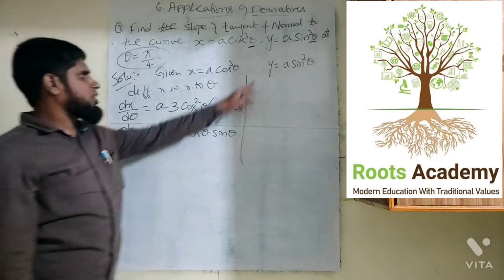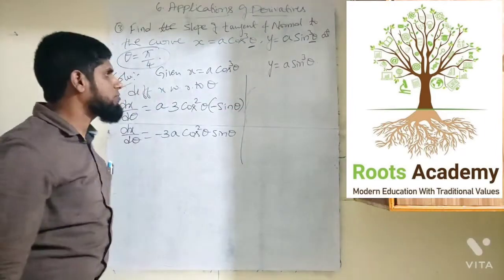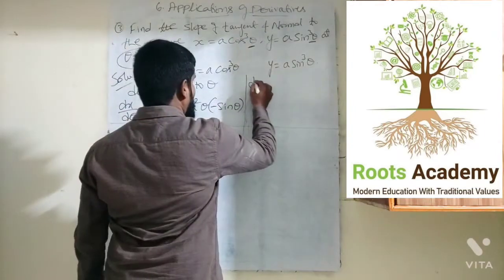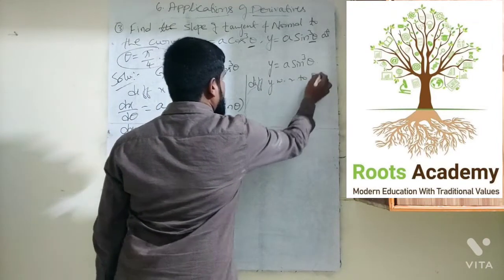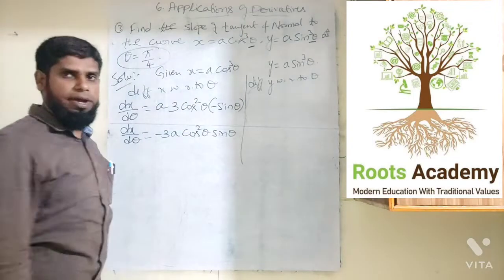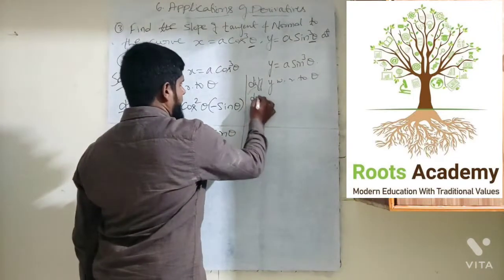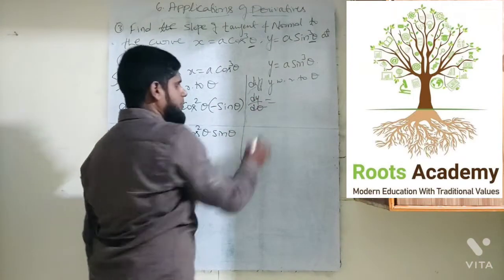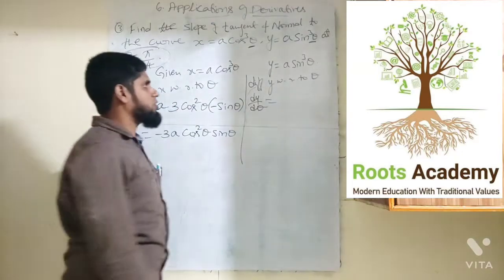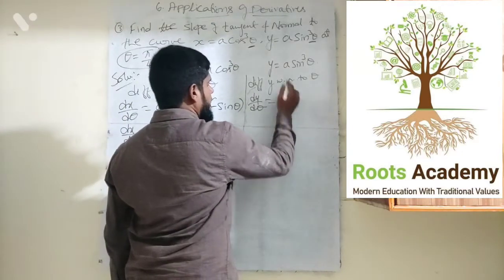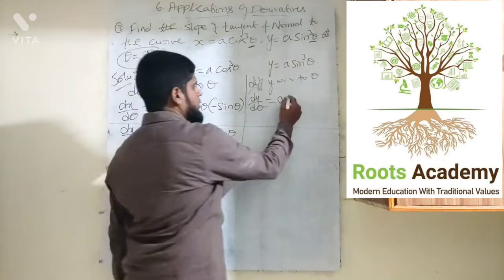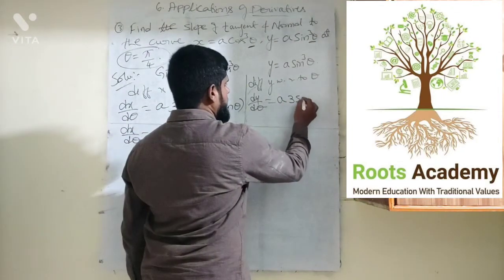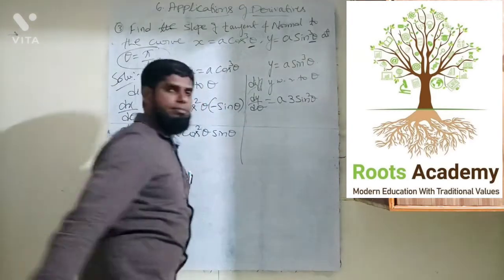So let us differentiate y with respect to theta now. Differentiate y with respect to theta. What do I get? dy by d theta is equals to a is a coefficient again, no changes to a, 3 sin square theta.